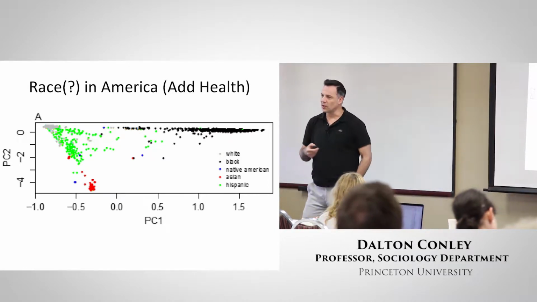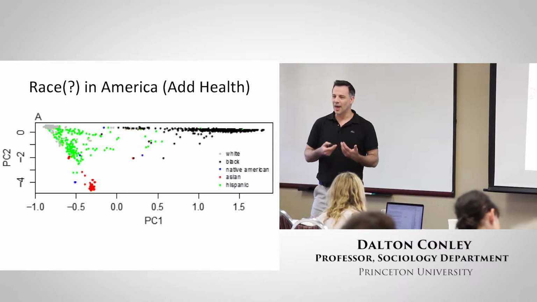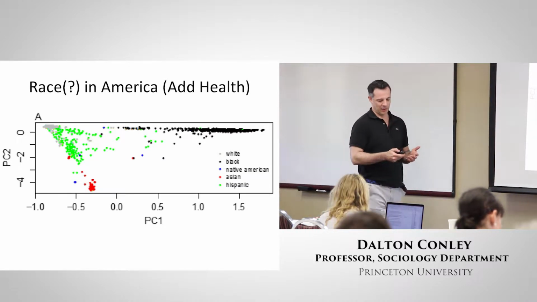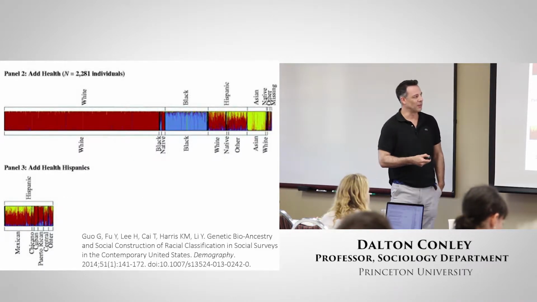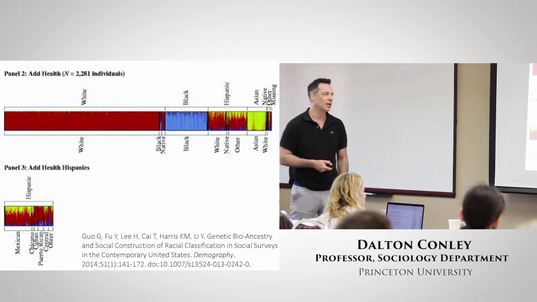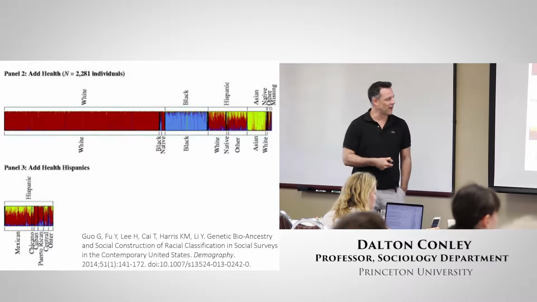So you can start to unpack someone's self-reported ethnicity or race into something that's a quantitative variable and start fooling around with it, which we could talk about later. This is from a paper in demography by Guang Guo at North Carolina and colleagues, who looked at the specific forms of admixture.